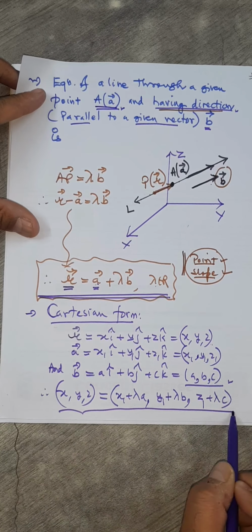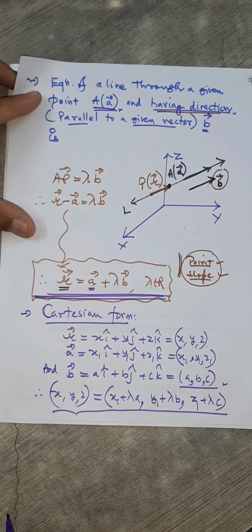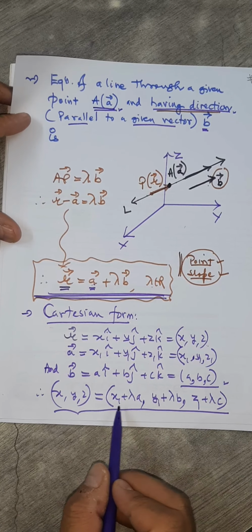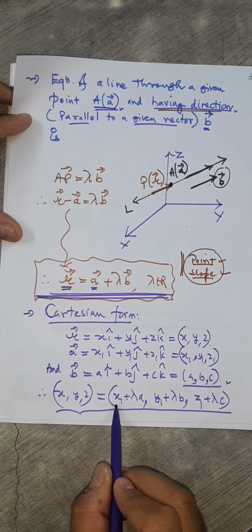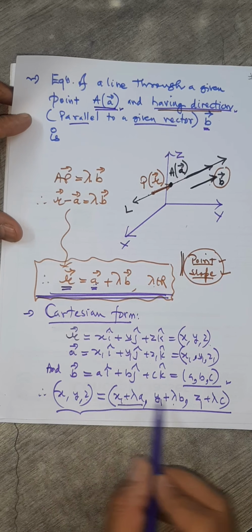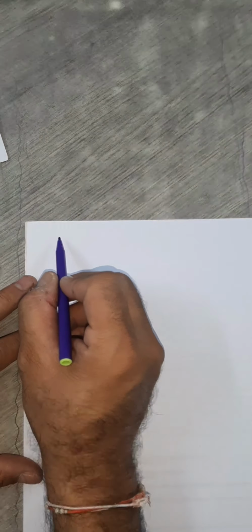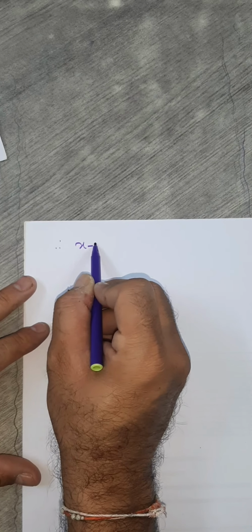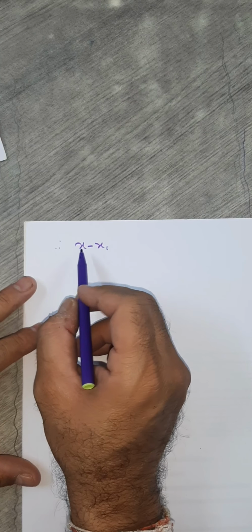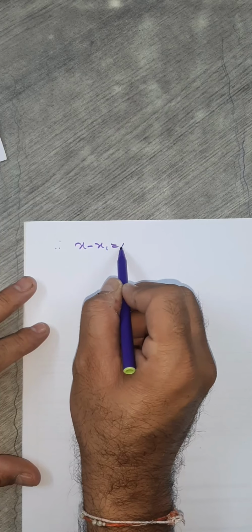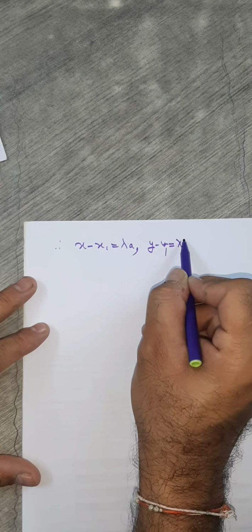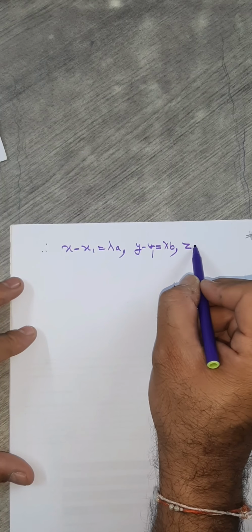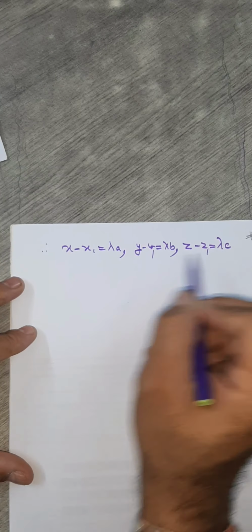From where are we getting this? From this equation, from this vector form. This is not important. What's important is the final step. Now compare the coordinates. x equals this, y equals this, and z equals this. And then I'll make it free from lambda. So I'll get x minus x1 equals lambda a, y minus y1 equals lambda b, z minus z1 equals lambda c.